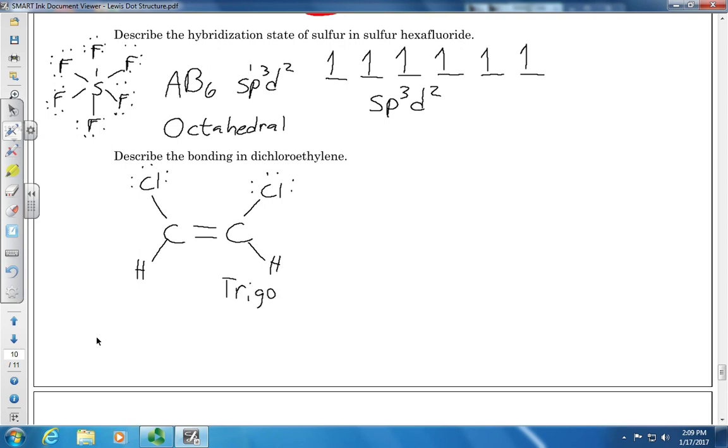We're going to treat this as 2 separate molecules almost. And in fact, the carbon on the left will have the same makeup in terms of the overall molecule.